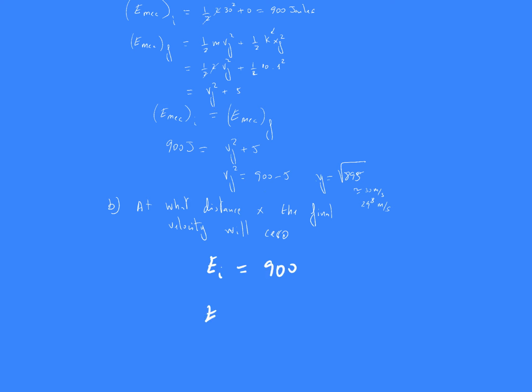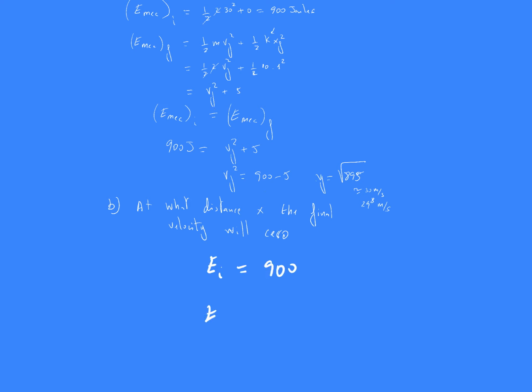So if the work is this, and the work is the change in the kinetic energy, and the work is minus the change in the potential energy, the equation that I will have is K final minus K initial equals minus U final minus U initial.